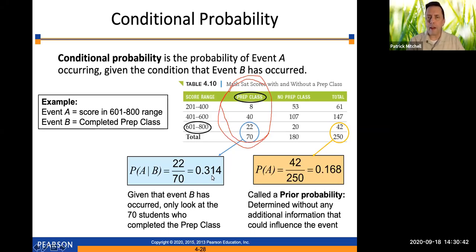So notice that the probability of scoring over 600, let's just say, goes up. It almost doubles if you complete the prep class. So taking the prep class definitely influences your chances of scoring over 600.